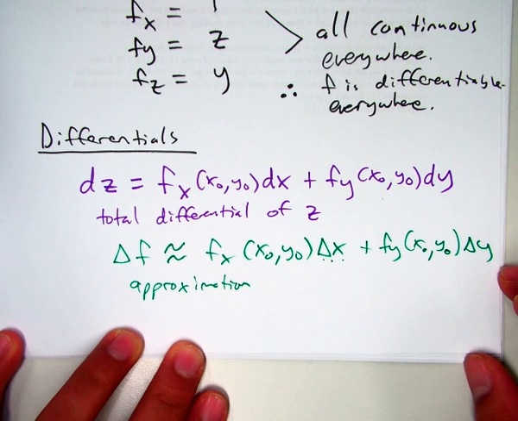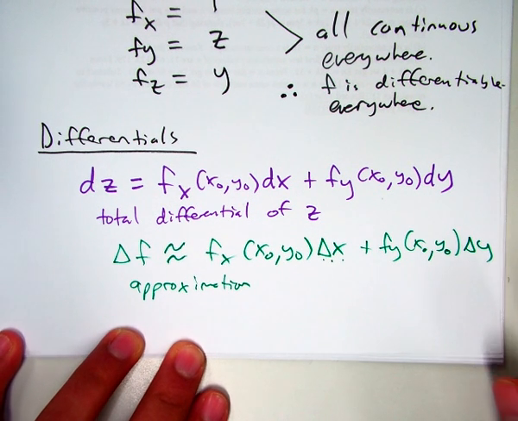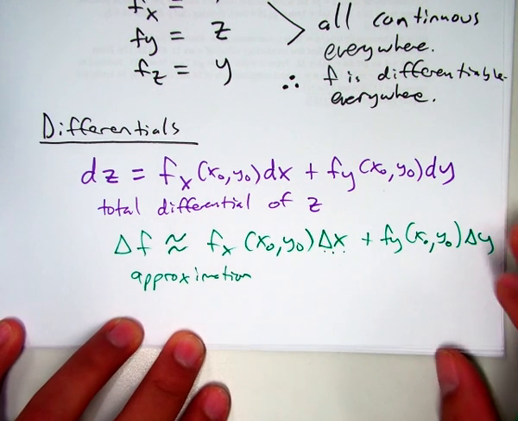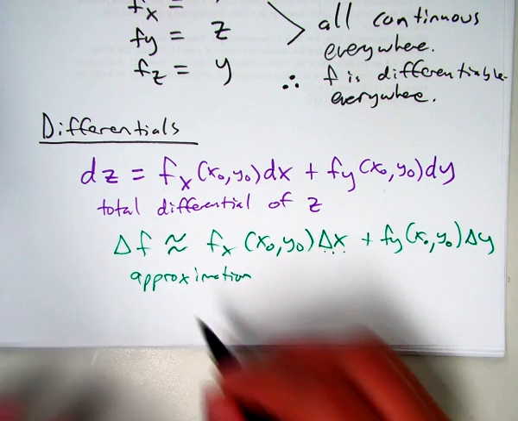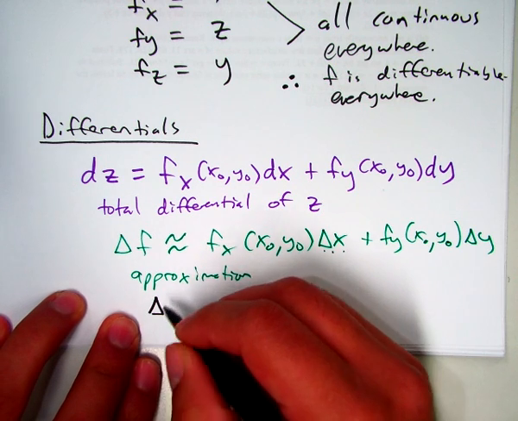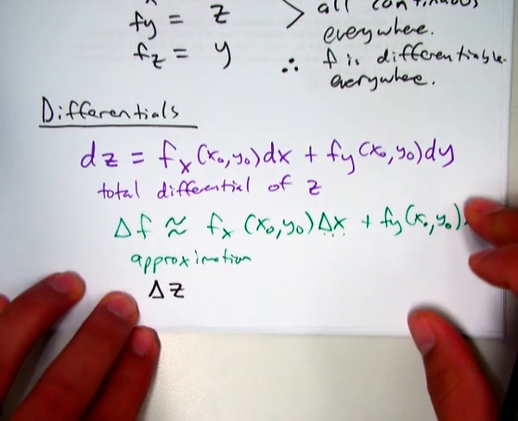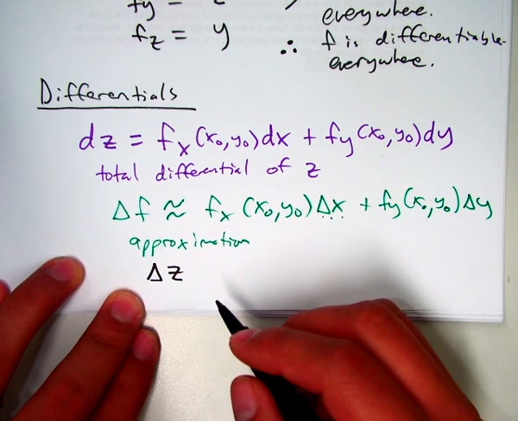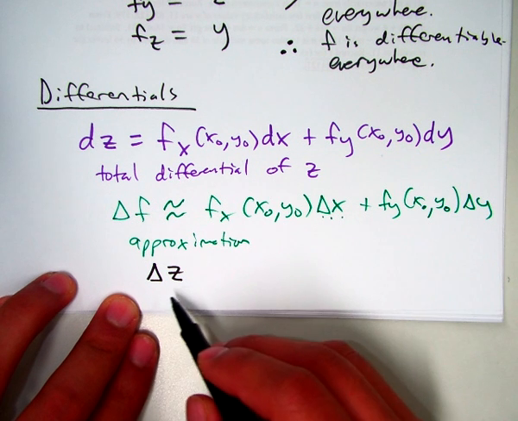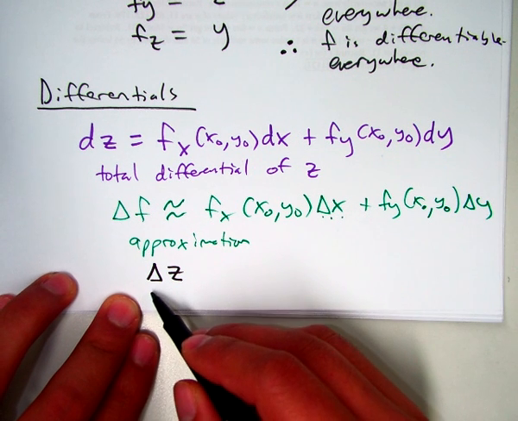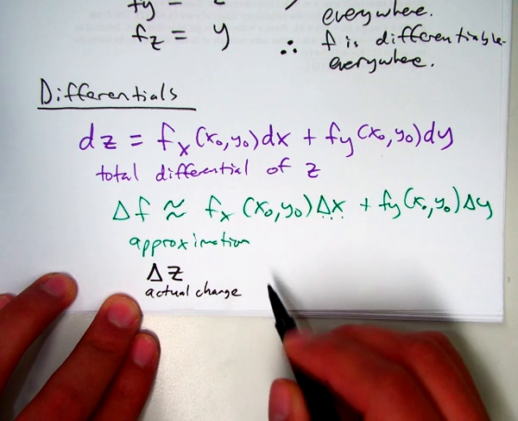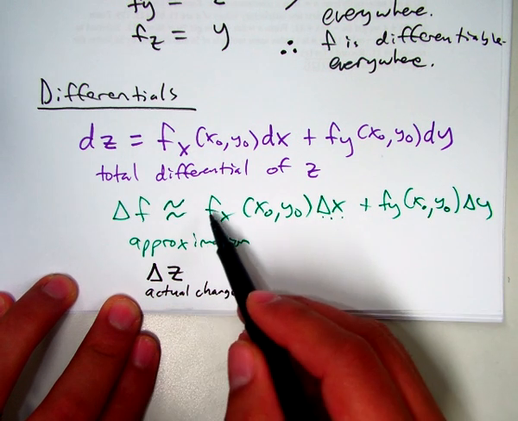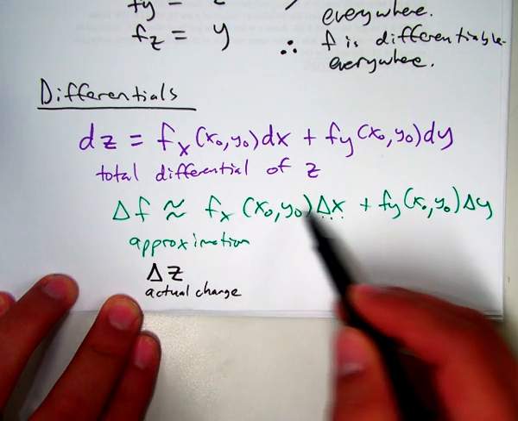Okay, so here's what we need, just with the notation. If you can follow the notation, just keep track of this. This is the actual change, which is approximated by this formula.